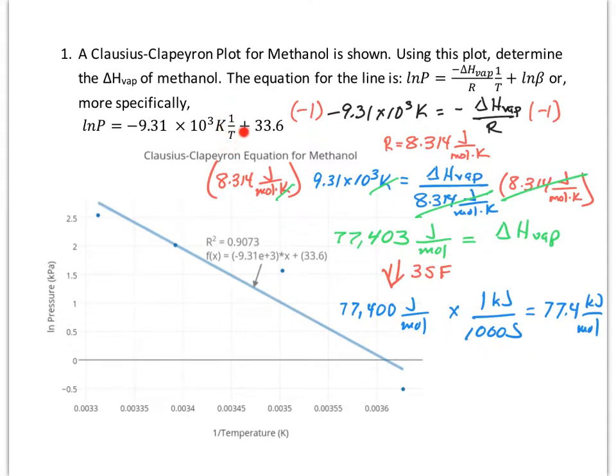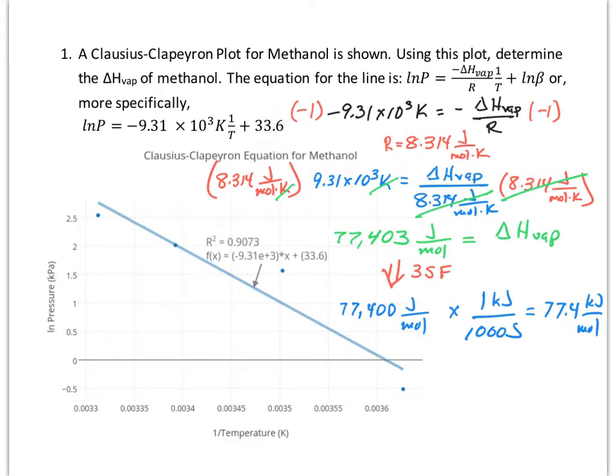We've got our x variable was 1 over the temperature, and our y-intercept is 33.6. There are no units there because it's got to have the same units as the natural log of pressure here, and natural log numbers have no units. So there's no unit on this y-intercept value.